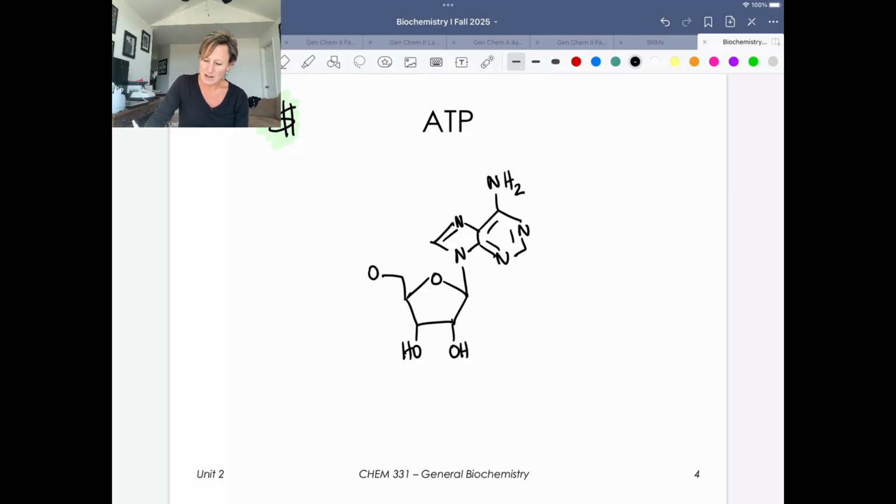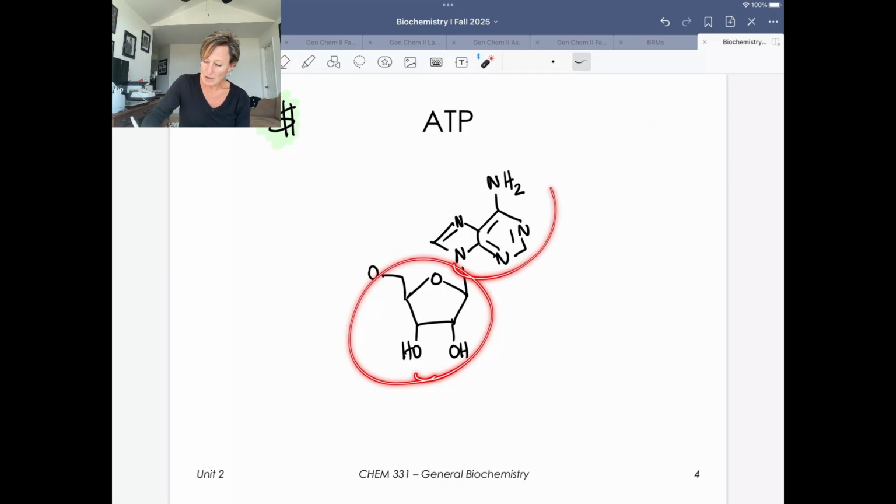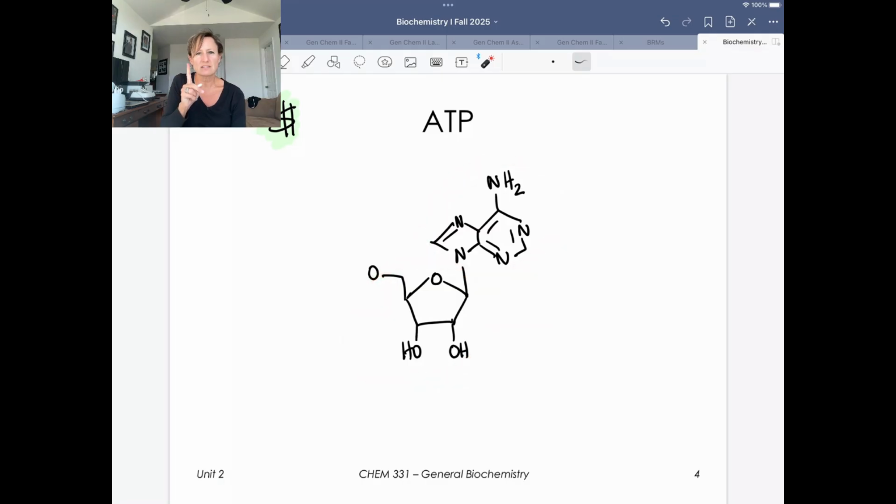If I stopped here and I just drew my sugar and my base, this would be a nucleoside. But remember, we're drawing a nucleotide, and so in this case I'm going to have 3 phosphates with it. So I'm going to draw all of my phosphates out here. Hopefully I have enough room.